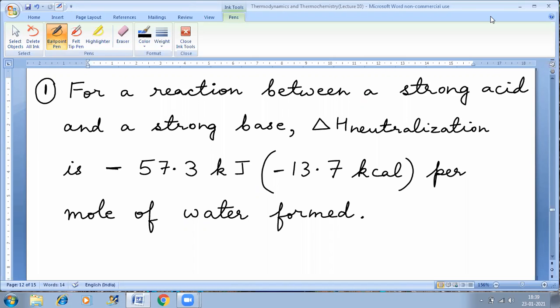If 2 moles of water are formed in a reaction, neutralization reaction, तो क्या होगा फिर? 114.6 kilojoule of energy हाँ, will be released. 57.3 into 2 हो जाएगा. Correct. All right.